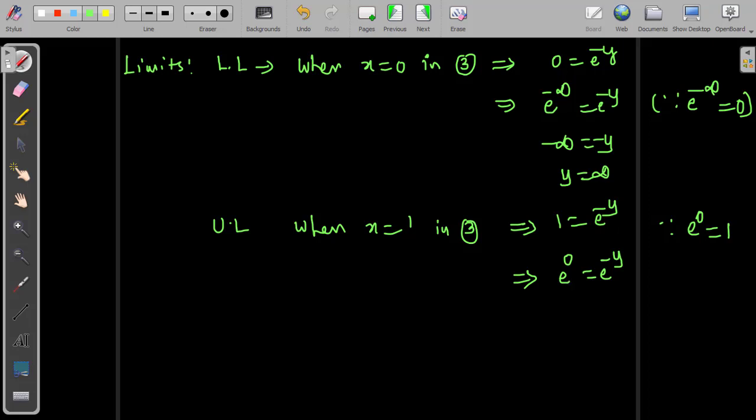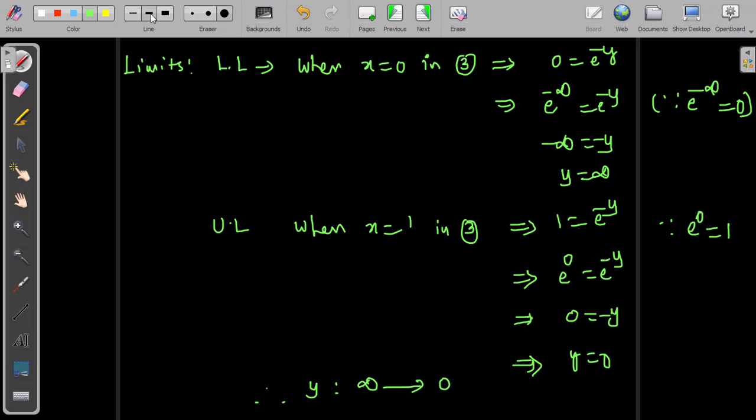Now the bases are equal, equating powers, which means 0 equal to minus y. From this we get y equal to 0. Therefore, the limits for y are infinity to 0. Lower limit is infinity, upper limit is 0.